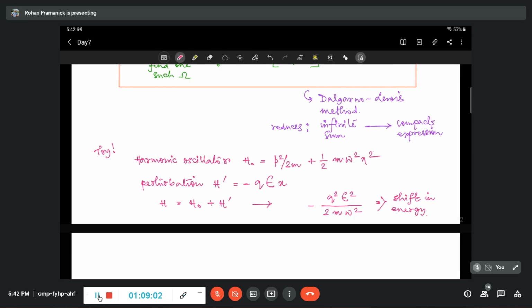When we expand it as a Taylor series, the potential means this half m omega square x squared, right? Yes. Then the first order is automatically 0, because this is the equilibrium point. The second order gives us a constant value.